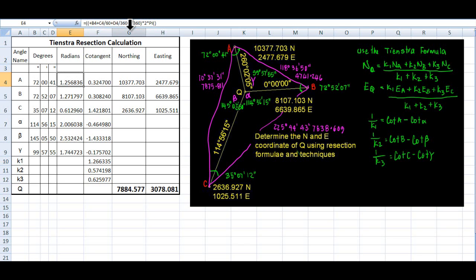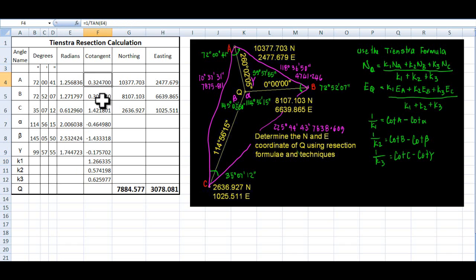Now we know that a full circle is 360 degrees, and that is 2 pi radians. So we work out what fraction 72 degrees, 0 minutes, 41 seconds is of 360. So we've put that over 360, and then we simply multiply that by 2 and by pi, and that converts each of these into radians. So that's that little bit explained.